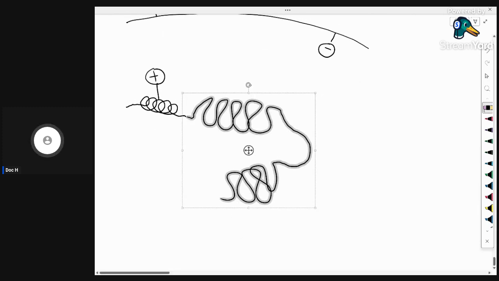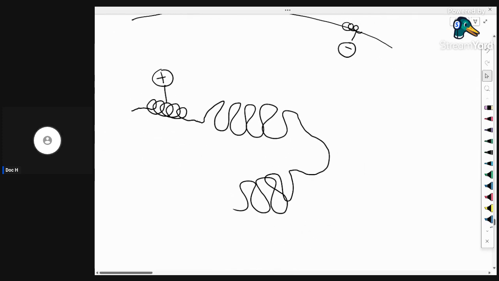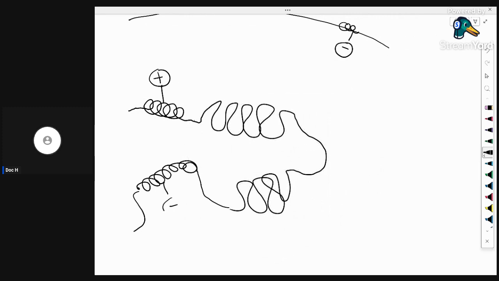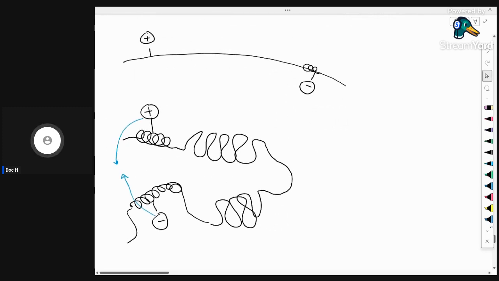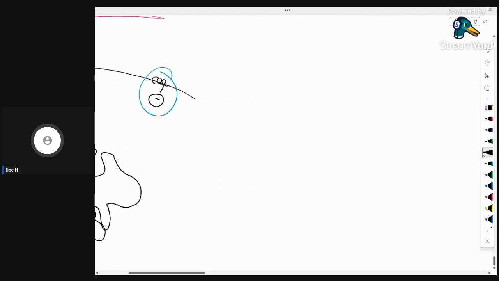And let's imagine in this example that there's another alpha helix over here that contains the negative charge. Hopefully you can appreciate that these two are going to want to interact with each other. They're going to want to bond via an ionic interaction, and that's going to bring this end of the protein into close proximity with this end.